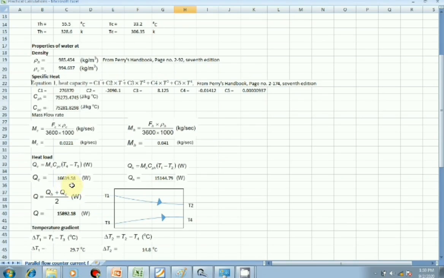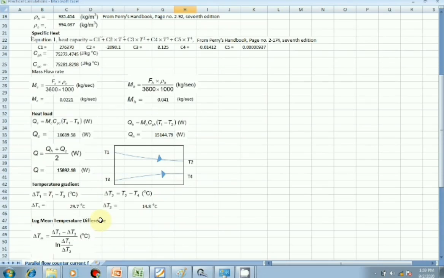And for the hot water, we are getting its value to be 15,144.79 joules per second. Then we took the average value of this heat and we got it to be 15,892.13.